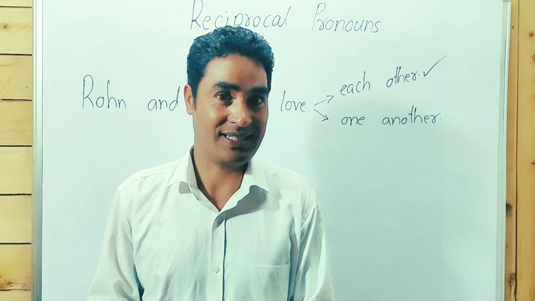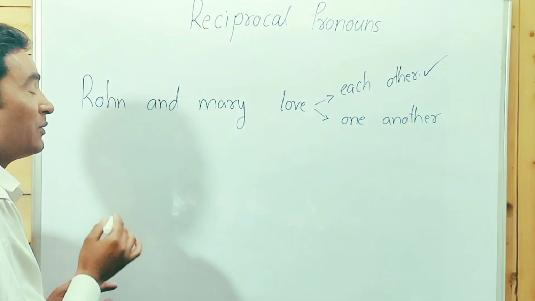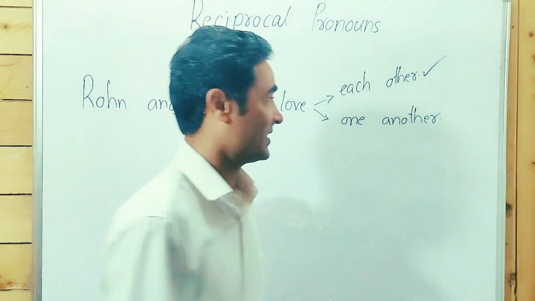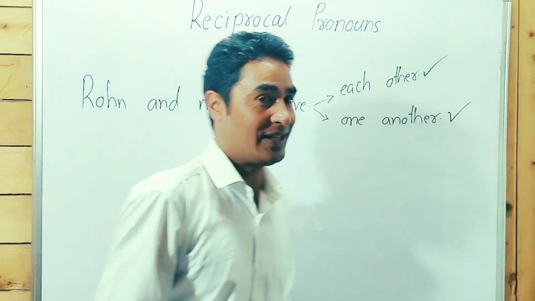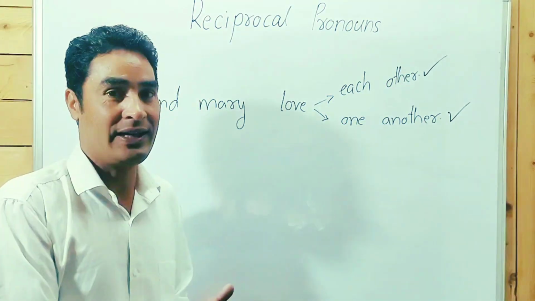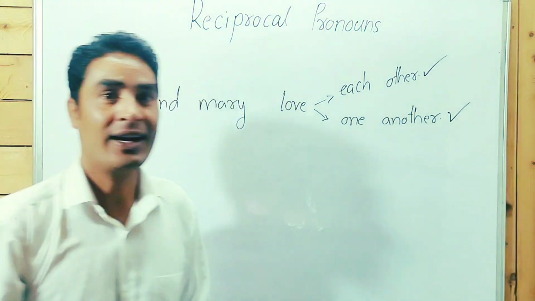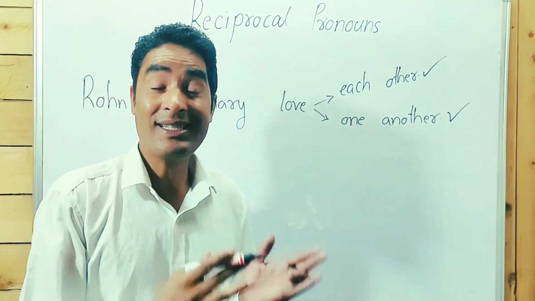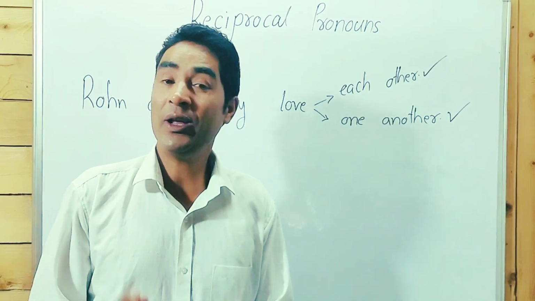But guys, point to be noted: in informal English, both the sentences are correct, because some writers use each other and one another equally. This is a part of informal English.